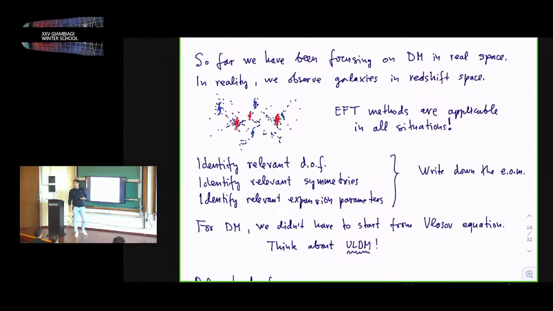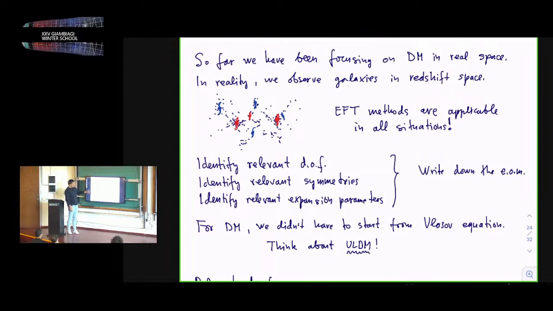For example, I guess that Mustafa mentioned this ultralight dark matter. This is one other option where you don't really have individual particles, but you have something like collective coherent oscillations of the axion field.